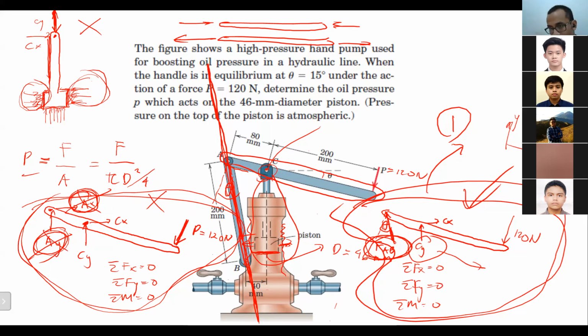I see now, sir. So like AB is clearly a two force member. Without assuming it as a two force member, we still can solve it. You can see that CY, CX, FAB, we have three unknowns. We have sigma FX, sigma FY, sigma moment, and we still can solve it, right?